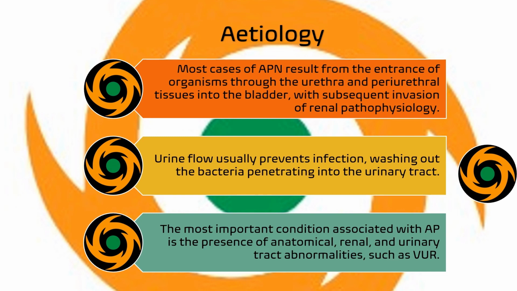The most important condition associated with acute pyelonephritis is the presence of anatomical, renal, and urinary tract abnormalities, such as where in recipients there can be a predominance of tract scarring, and conditions such as vesicoureteral reflux. In a follow-up audio podcast, there will be an overview of vesicoureteral reflux as part of this particular series.